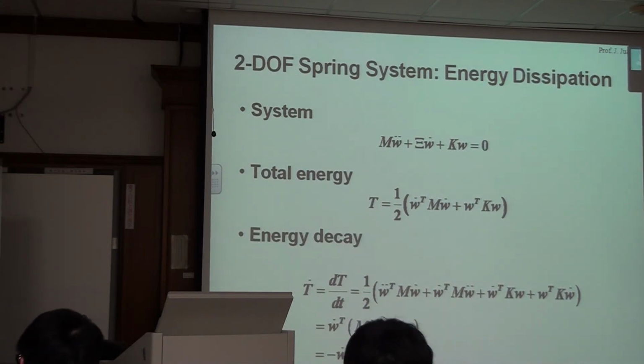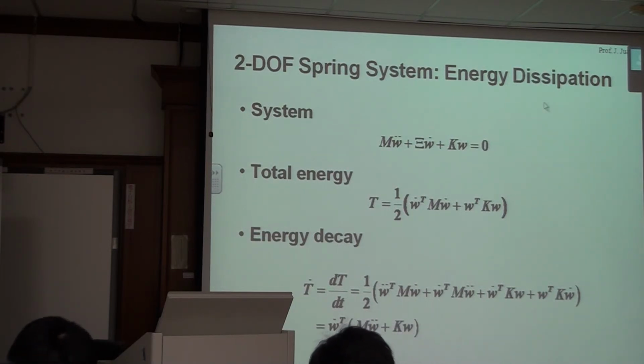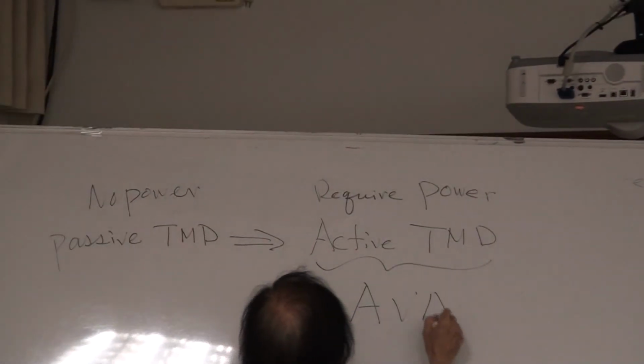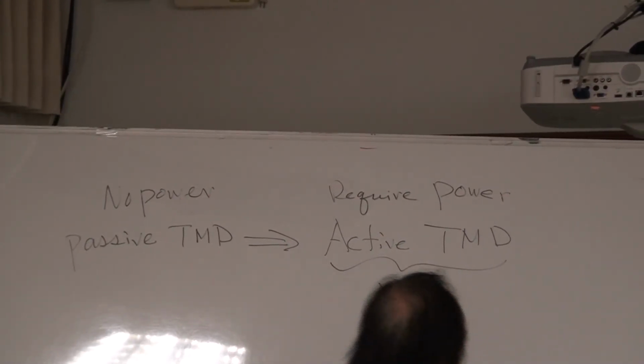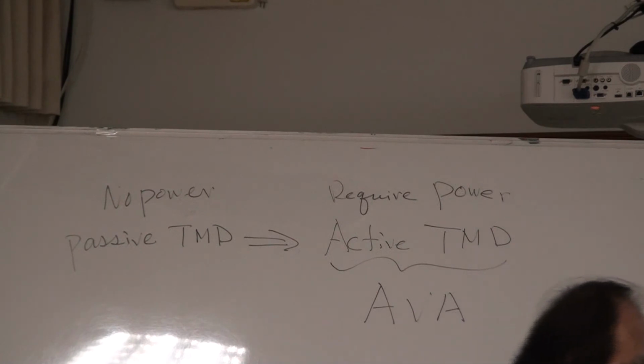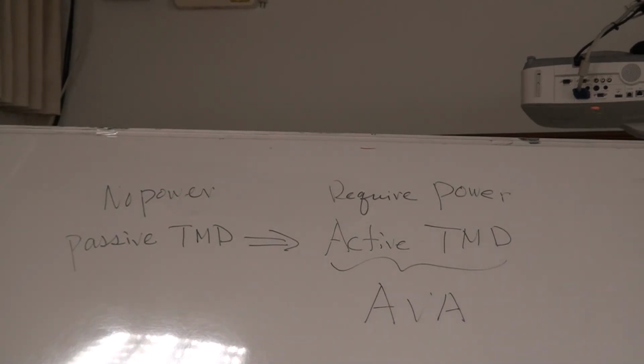This requires power. And this we call ABA. It's an active virtual absorber.